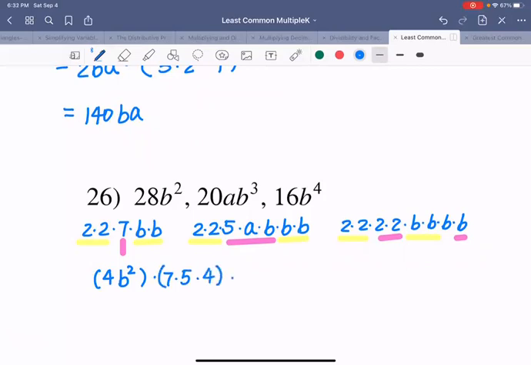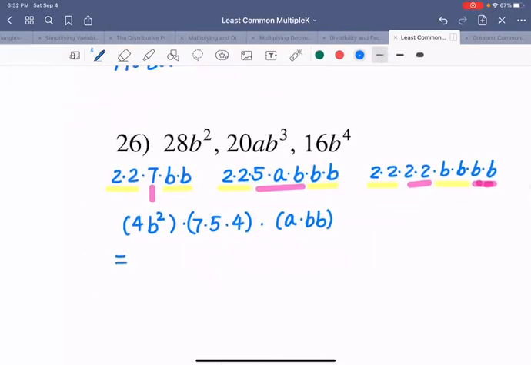Very good. Now, what else we have to include? The A and the 2 B's. The A and the 2 B's here. Yes? Very good. Yes, you made it. So this is going to be A and B and B. Okay, let's finish. So 4 times 7 is 28 times... Look, this is 20.